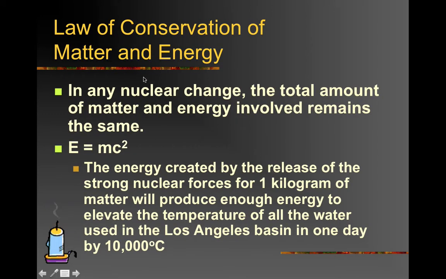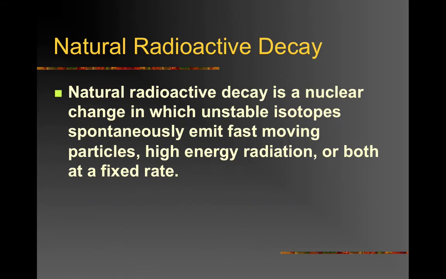The law of conservation of matter basically says matter can neither be created nor destroyed. Okay? So it says in a nuclear change, the total amount of matter and energy involved remains the same. So basically what you put in is what you get out of it. When we look at radioactive decay, that is where elements will, over time, change into unstable isotopes.